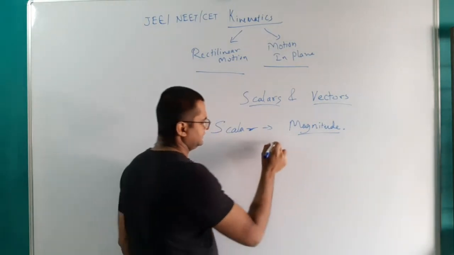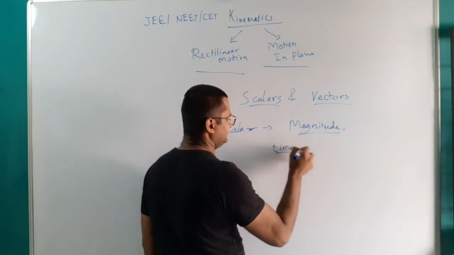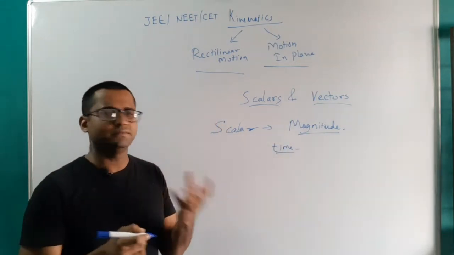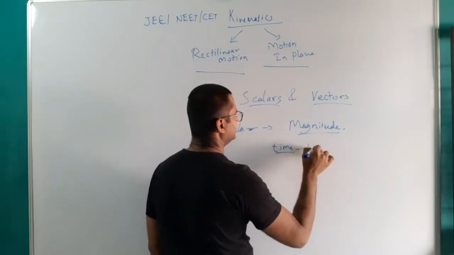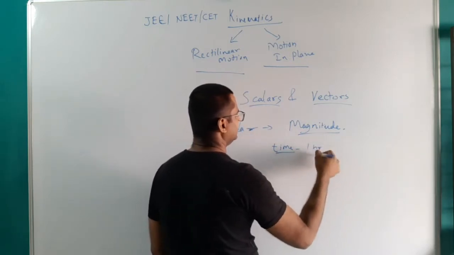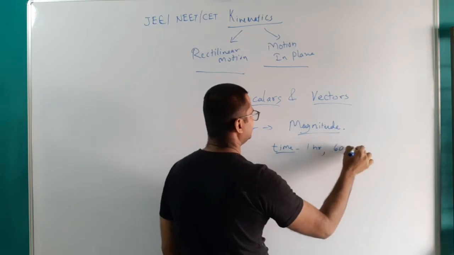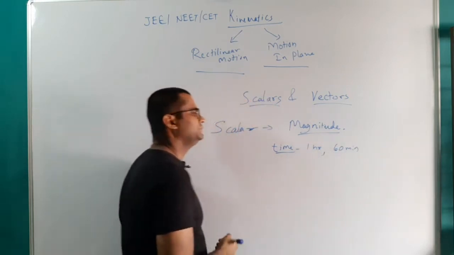For example, if I tell you the time, I have to tell you only the value of the time. Let us say we have a lecture of 1 hour, or let us say a lecture of 60 minutes. These are only values, only magnitudes.